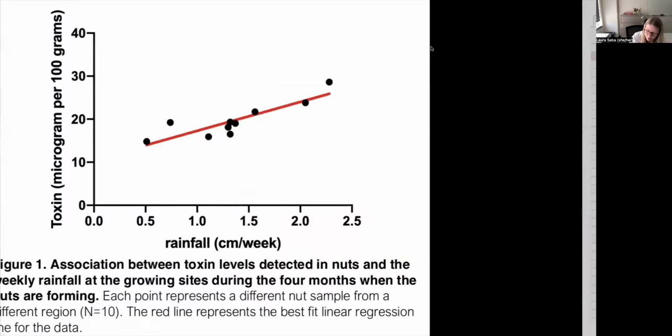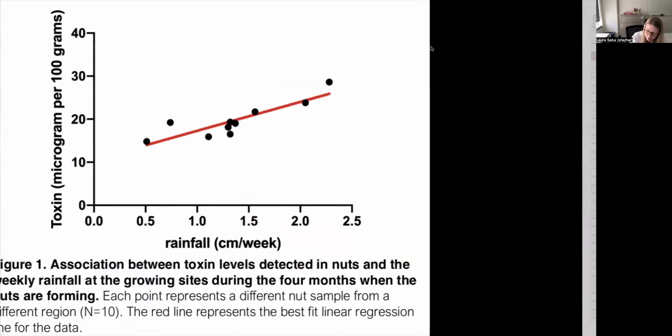So the slope here is the mean change in toxin concentration when the explanatory variable x, or rainfall, increases by 1 unit. And so here my units were centimeters per week, for example.